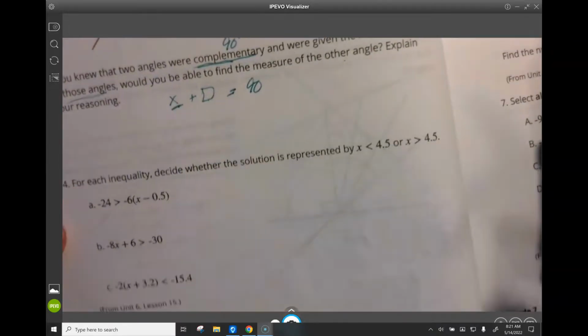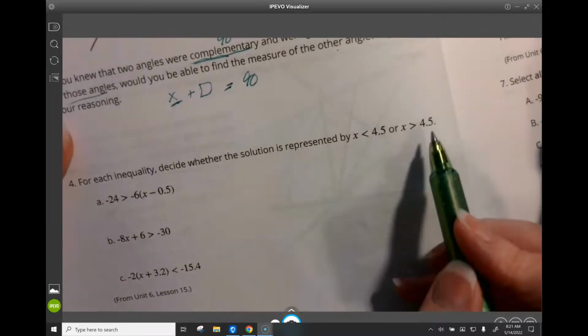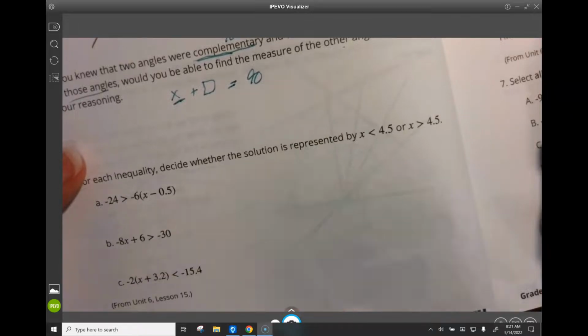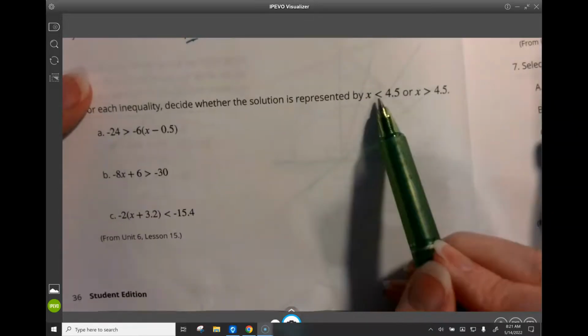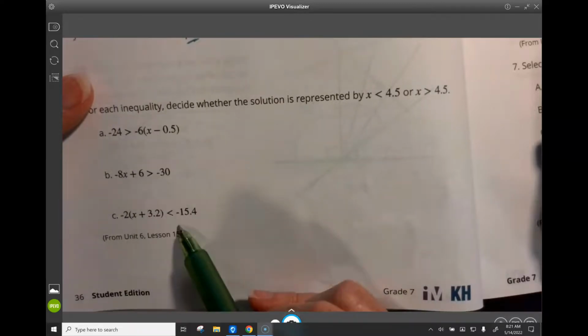Okay, go. Number 4. For each inequality, decide whether the solution is represented by x is less than 4.5 or x is greater than 4.5. So in other words, solve these, and you'll get to a point. Remember, when we divide by a negative, we flip the inequality sign. So I'm guessing on one of these, we might have to flip the inequality, or we might not.